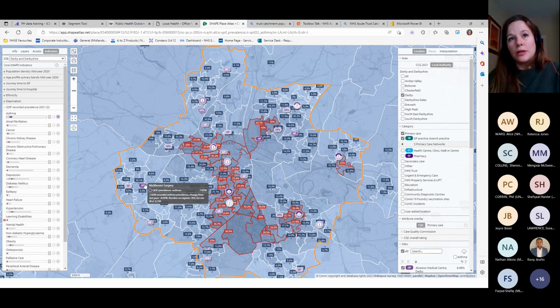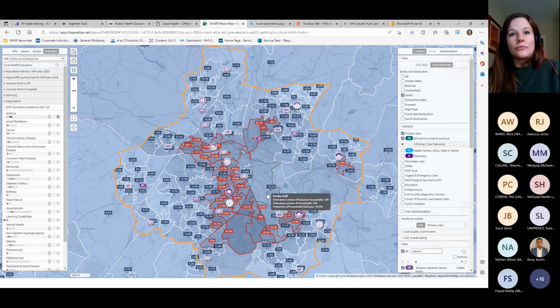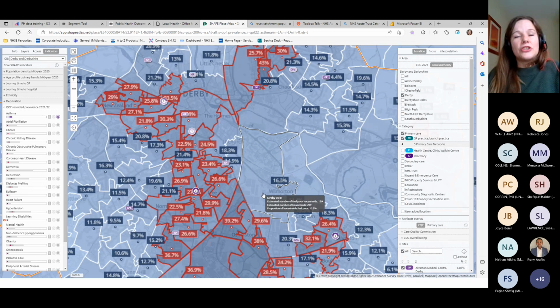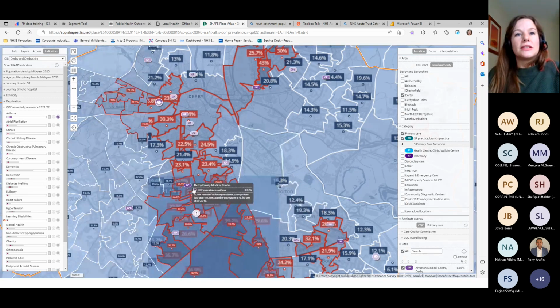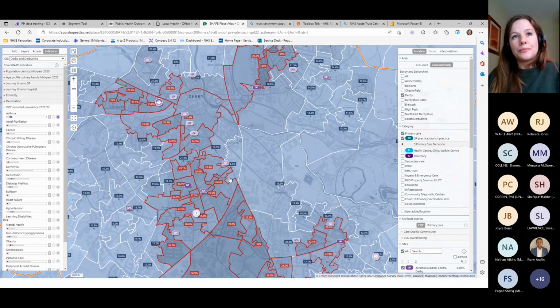And the darker the purple, the higher the prevalence. Where you see the circles, this means there are 2 GP practices within that circle, or within that small area. And as you zoom in, you can start to see them separate out.